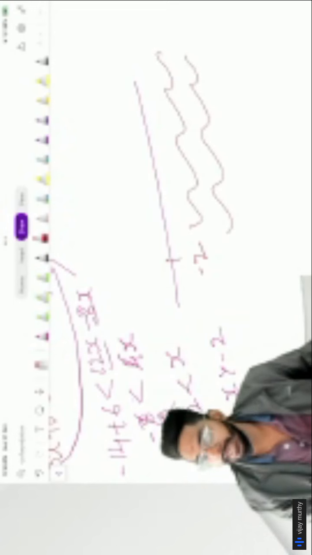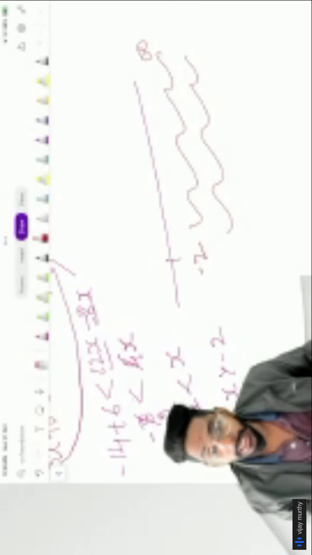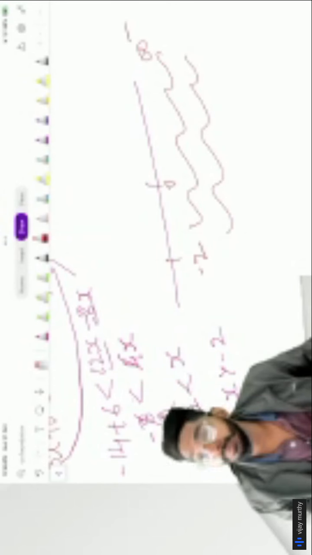So what is the region you get? x is greater than minus 2. Greater than minus 2 means will you write on the right side or on the left side? Which side? Right side. Very good. So on the right side you will write minus 2 to plus infinity. On this side, right side is always plus infinity, left side is always negative infinity.